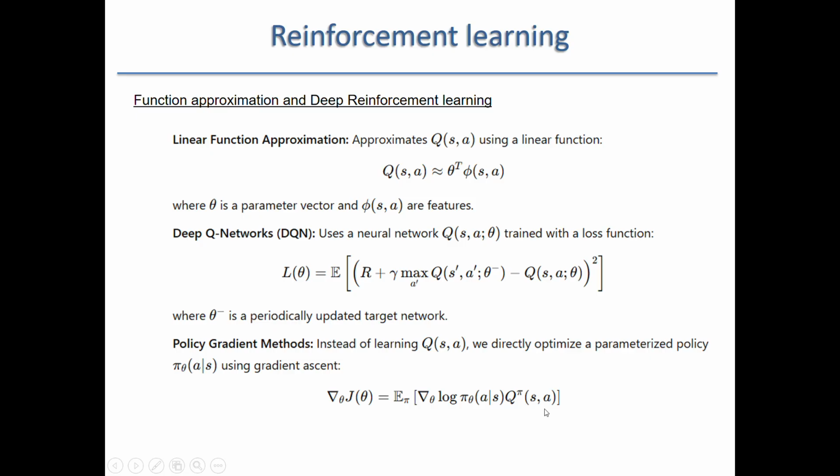So the neural network is on the policy, not on the learning of the value function. And then this policy, given this state, gives the next action, and it depends on the weights of the neural network.